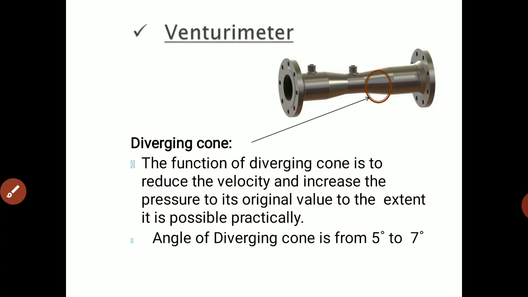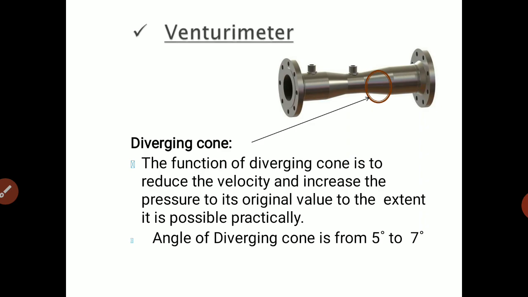Now what is the diverging cone? The function of the diverging cone is to reduce the velocity and increase the pressure to its original value, to the extent practically possible. The angle of the diverging cone is 5 to 7 degrees.